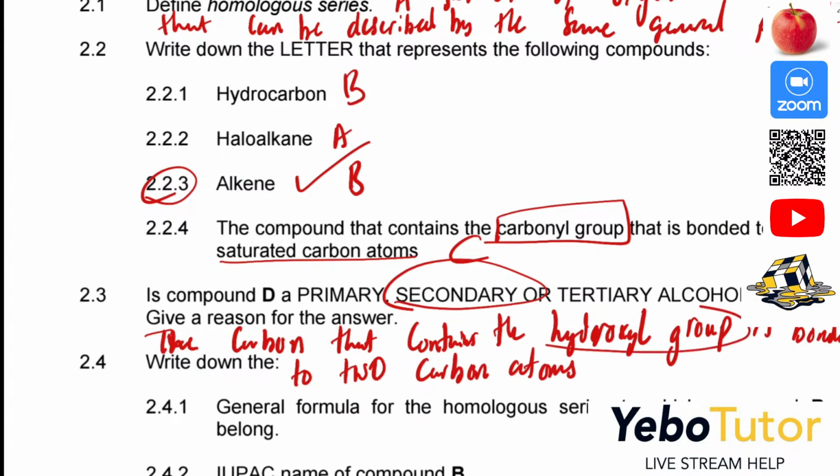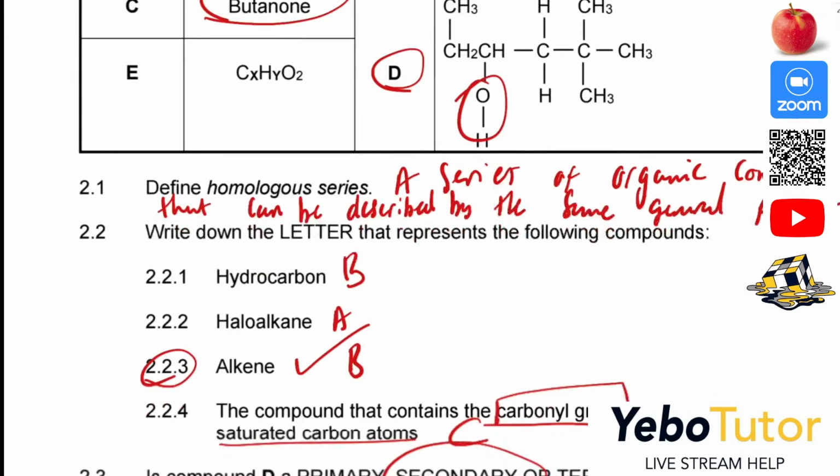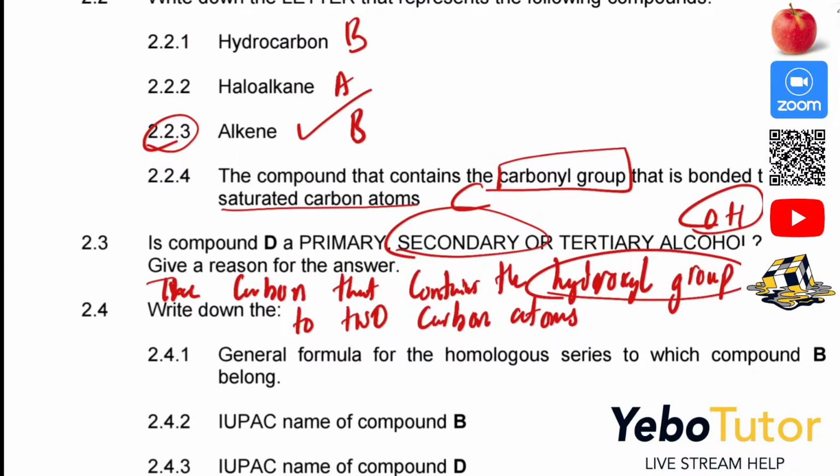So when I say the hydroxyl group, I mean the OH. As you can see, this OH is bonded to two carbon atoms, so there's no way it can be primary. Primary is supposed to be 1, but since they are 2, which means this will be a secondary one.